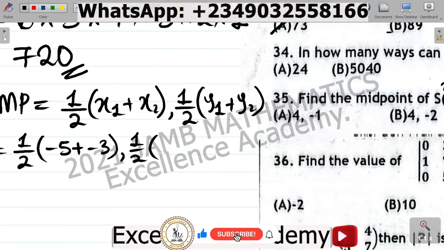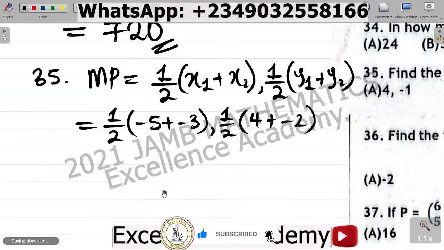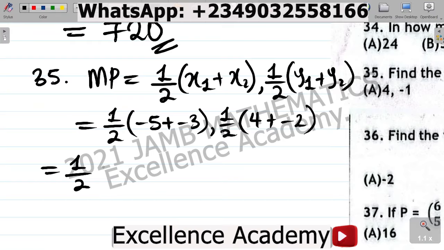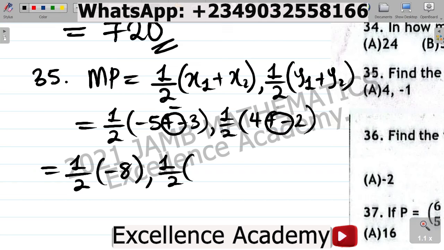So 4 plus minus 2. Let's work on this. Plus minus here is minus. So minus 5 minus 3, your answer is minus 8, comma, 4 minus 2 is 2.